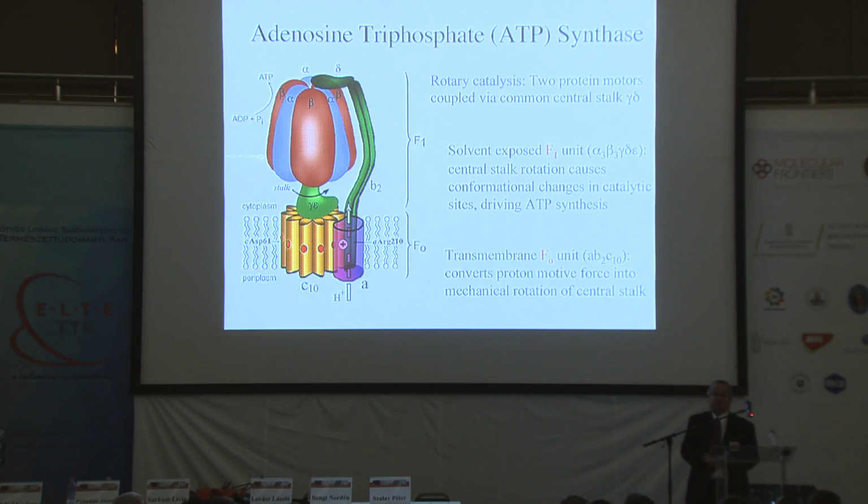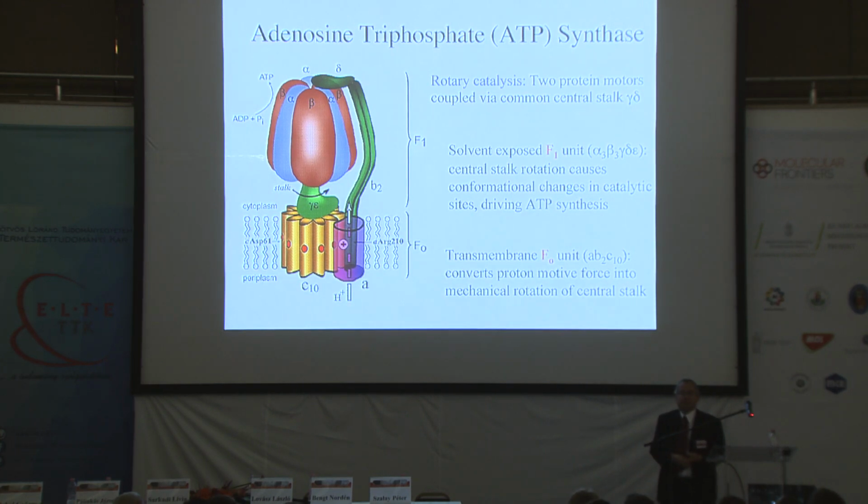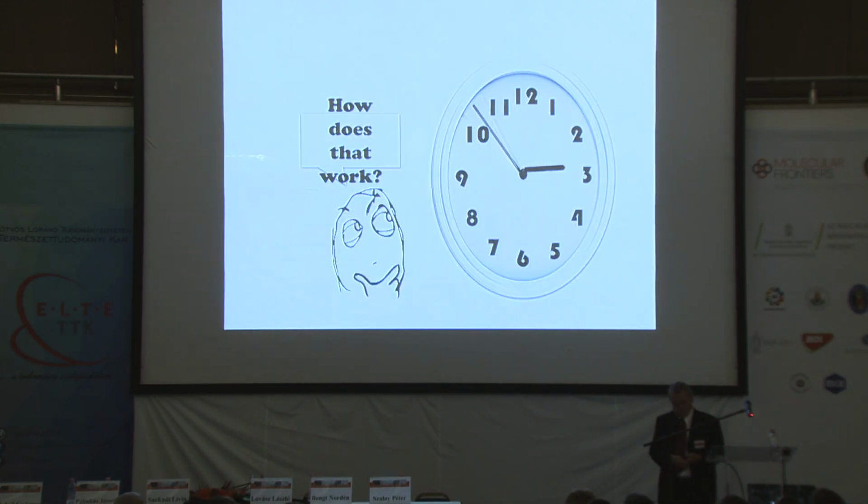The structure is known. We want to understand why it rotates in one direction and how it works. And as I will argue, it's very hard to understand it just by looking at the structure or even by regular experiments.